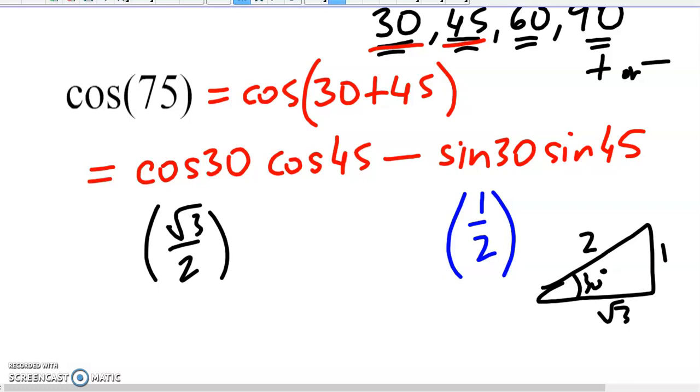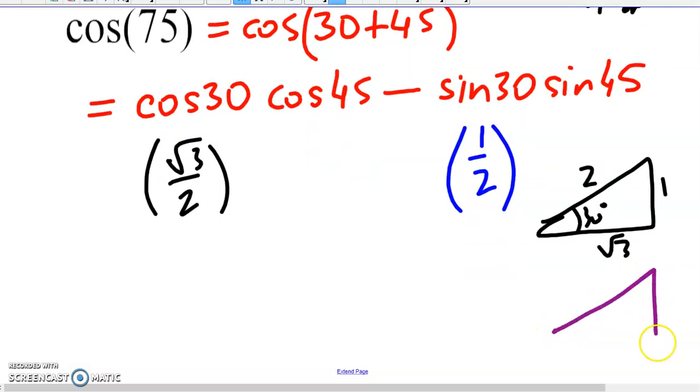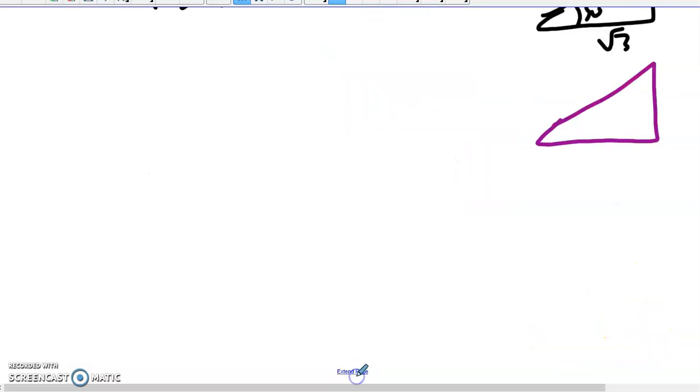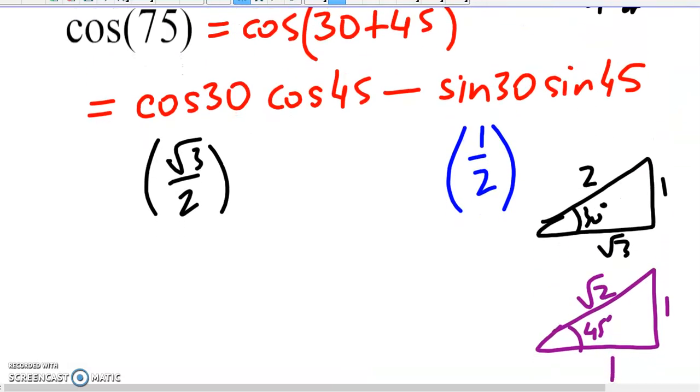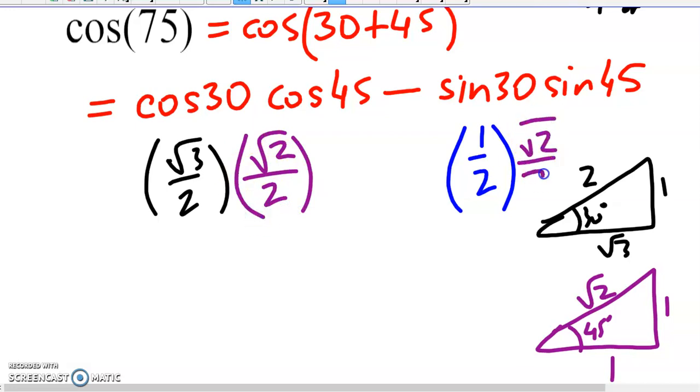Then for the 45, 45, 90, I can draw that one as well. So 45 degrees, I've got 1, 1, square root of 2. So the cosine of 45 and the sine of 45 are the same. They're 1 over the square root of 2, or I can also write square root of 2 over 2.